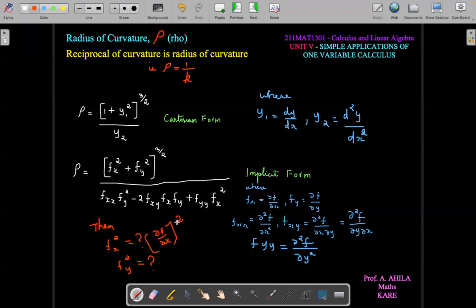Fx square is the square of the first partial derivative of f with respect to x. Similarly, fy square means dou f by dou y the whole square. So don't confuse f double y with fy square, as well as f double x with fx square. Know the difference.